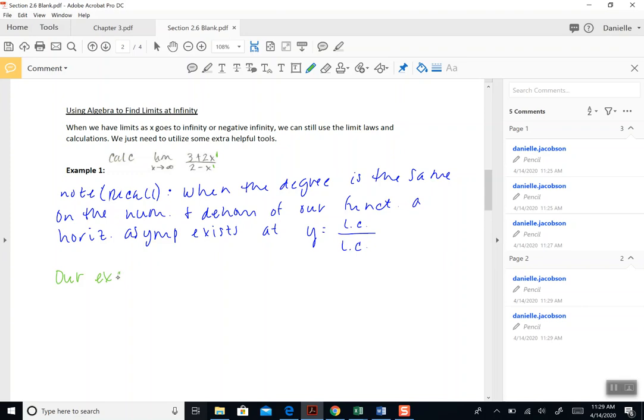So I know there is a horizontal asymptote at y equals, all right, the lead coefficient is just the number in front of the variable of the highest degree. So in the numerator, that's 2. In the denominator, that's -1. Okay, so I know I have a horizontal asymptote at y = -2, right?